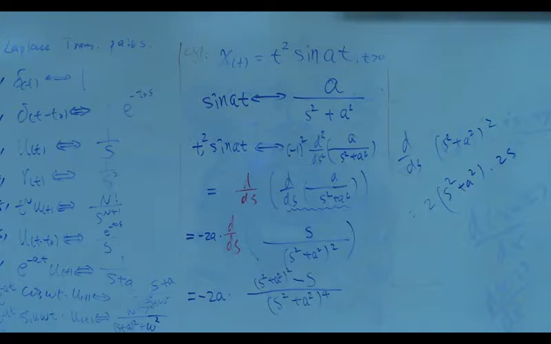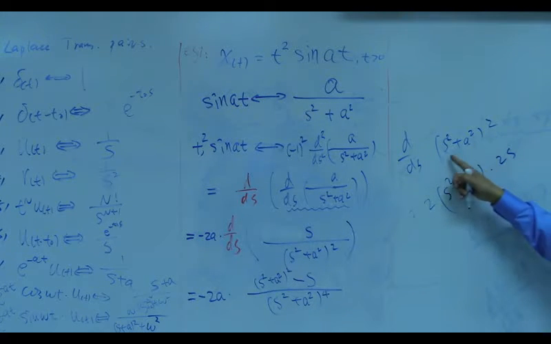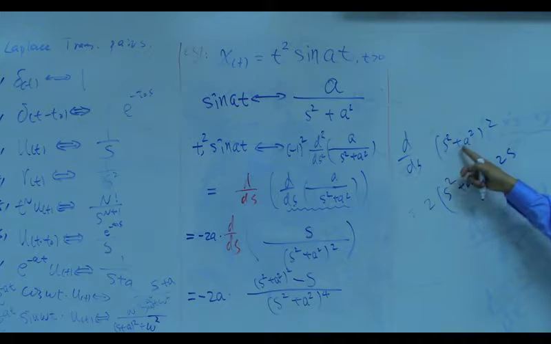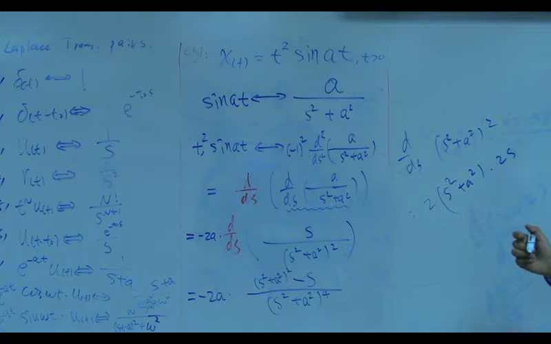Everybody needs to be like this. If you don't like it, now you will. Good? So 2 times this thing, then times the differentiation of s squared, which is 2s. Right?